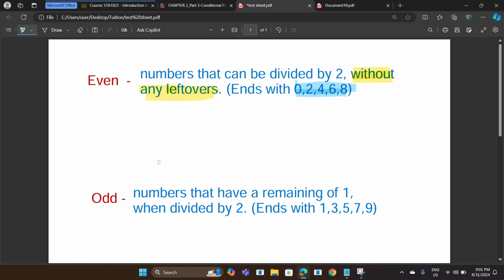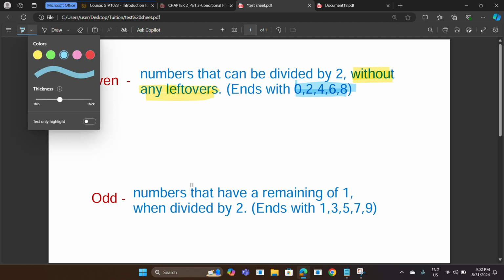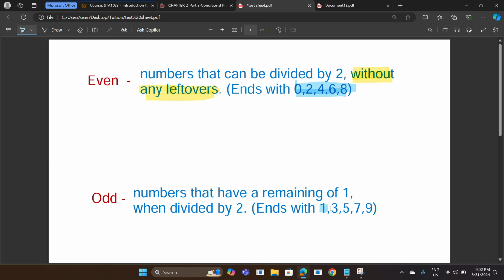Right? And what are odd numbers? Odd numbers are the numbers that have a remainder of 1 when we divide that number by 2. And the specialty of these odd numbers is they end with these 5 numbers: 1, 3, 5, 7 and 9.